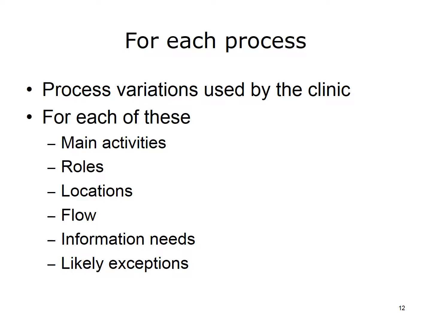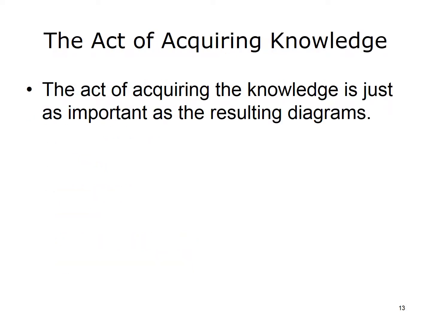A complete analysis of a process is one that takes into account each process participant's point of view, patients especially. The act of acquiring the knowledge is just as important as the resulting diagrams or other process documentation. An analyst goes through a period of learning when seeking the information to create process diagrams.